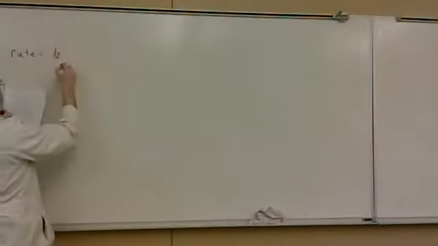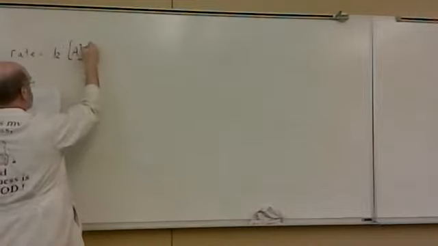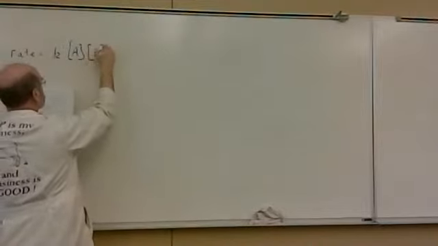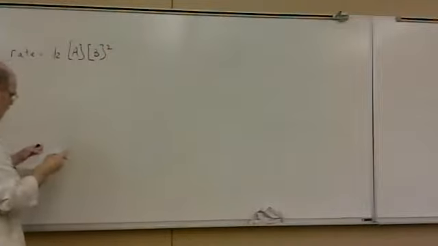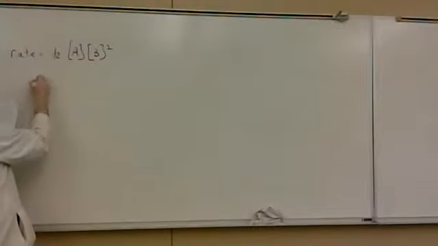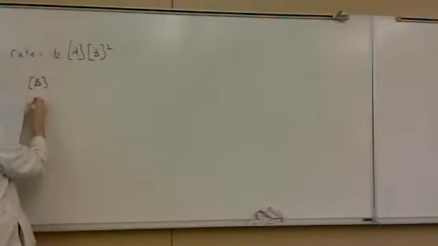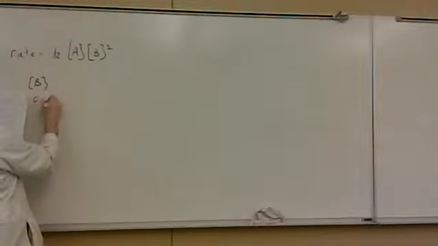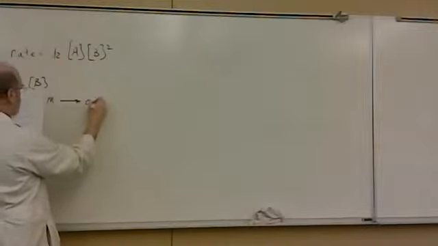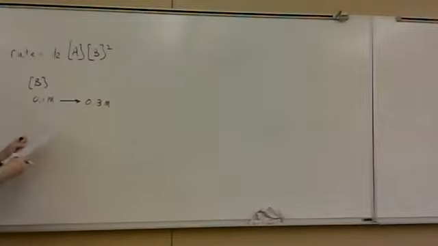Okay, so when we get to 3, the rate expression for a particular reaction is this. So we have a rate constant, concentration of A to the first power, concentration of B to the second power. So if the initial concentration of B is increased, so if B goes from 0.1 molar to 0.3 molar, what happens to the rate?